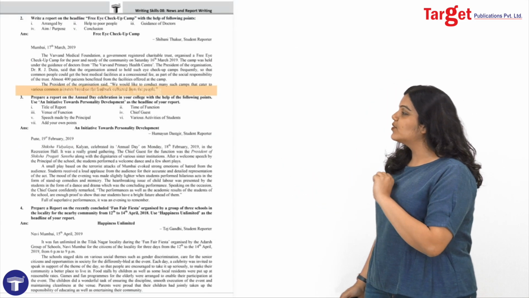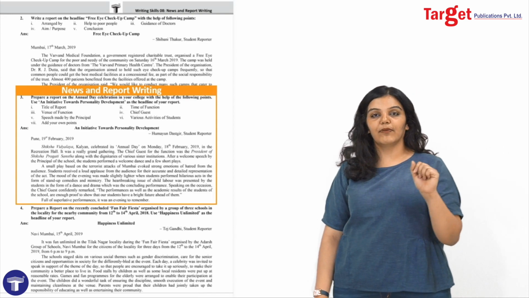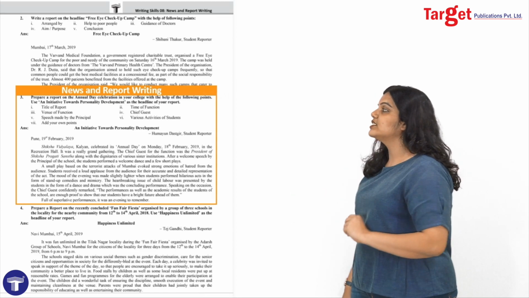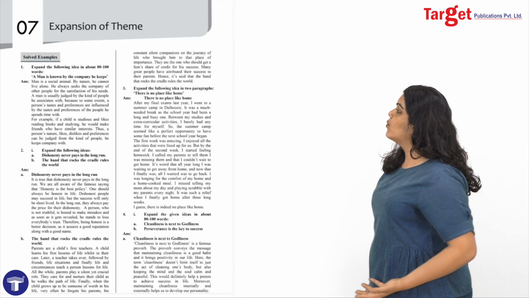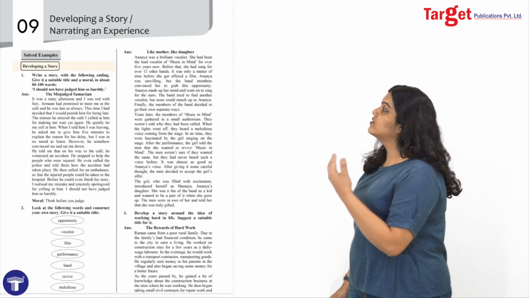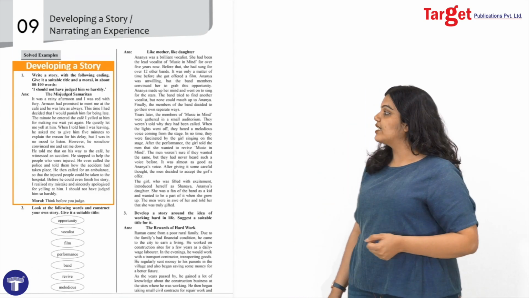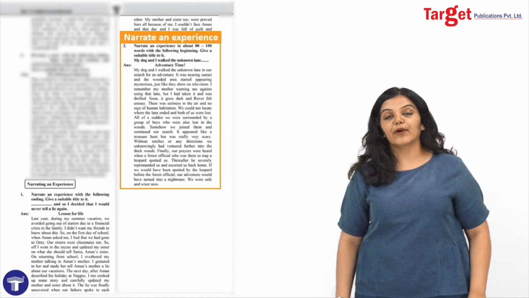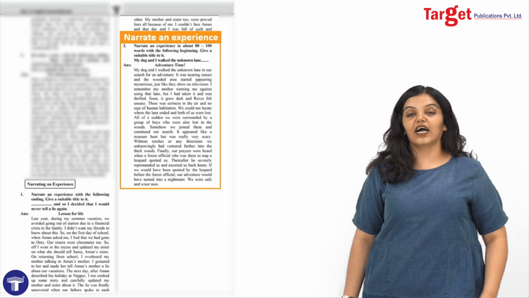And of course, we have included these examples in our English Kumarbharati notes. We have given you ample examples of news and report writing, and a plethora of examples are available for expanding the theme or for developing a story or narrating an experience. So as you can see, you have full coverage of the paper pattern in your English Kumarbharati notes.